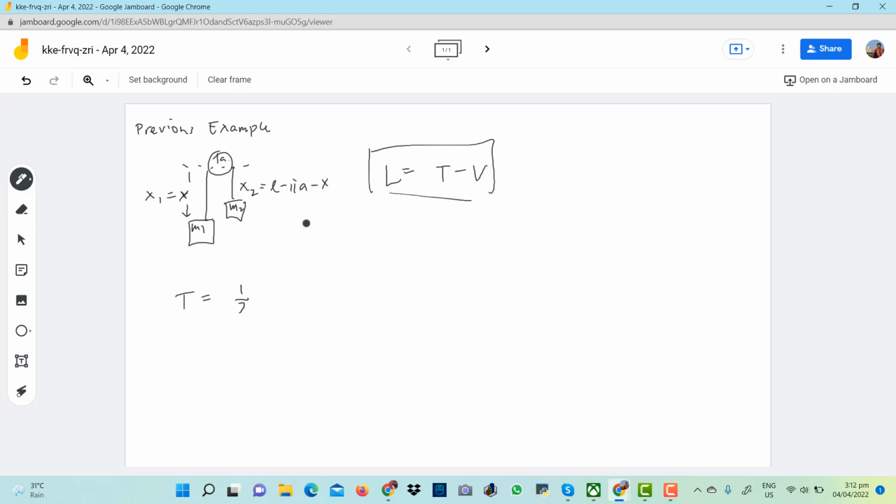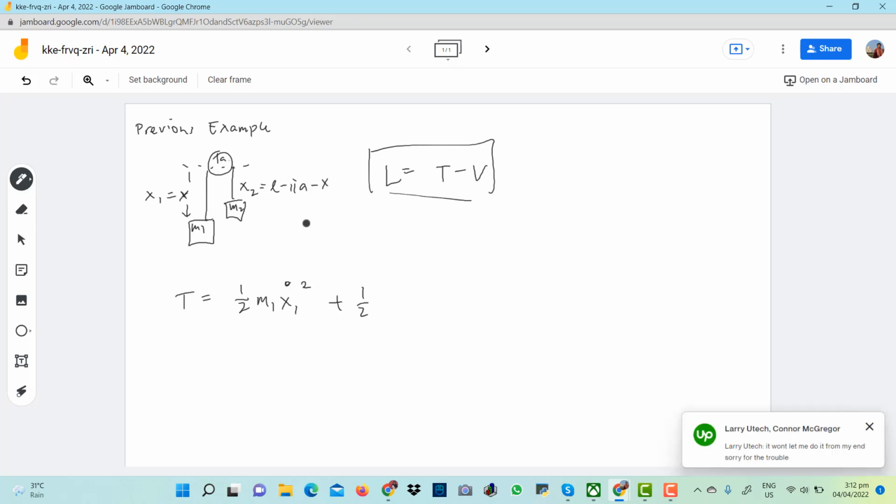So I have 1/2 M1 times the velocity in terms of x1, the velocity will be x1 dot, plus for M2, the kinetic energy is 1/2 M2 times x2 dot squared. Okay? So we have two kinetic energies.